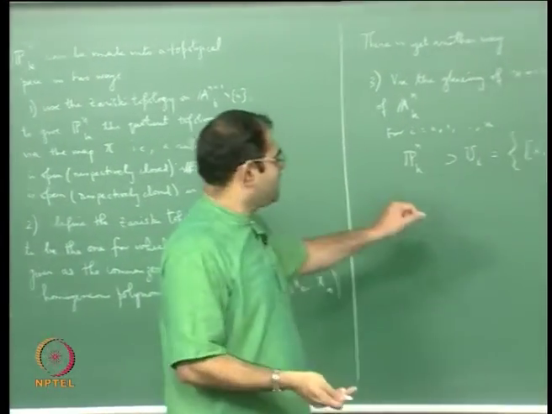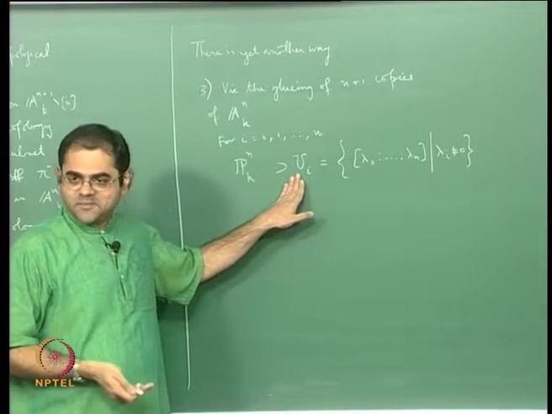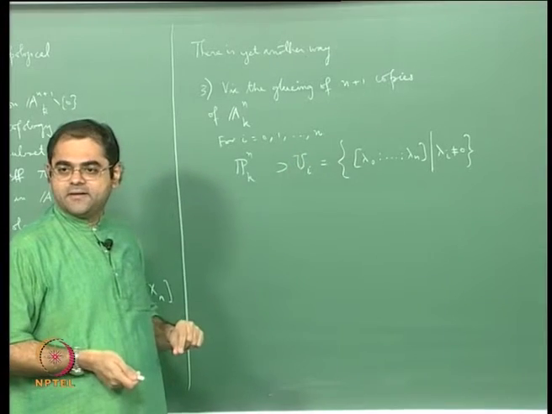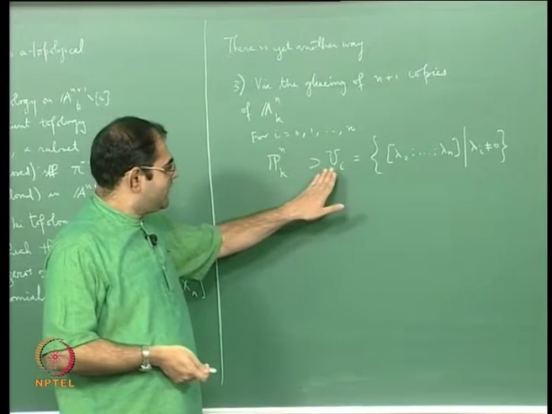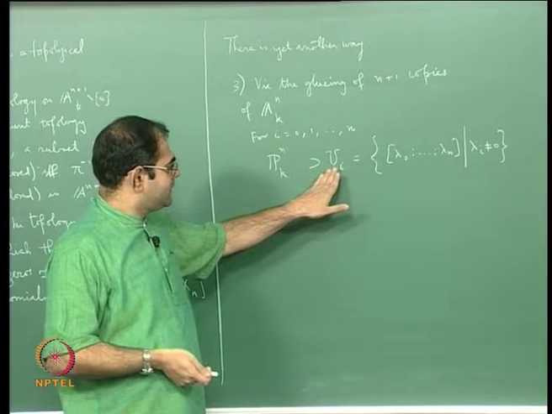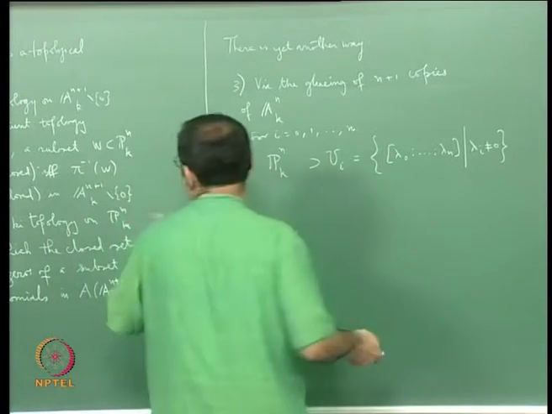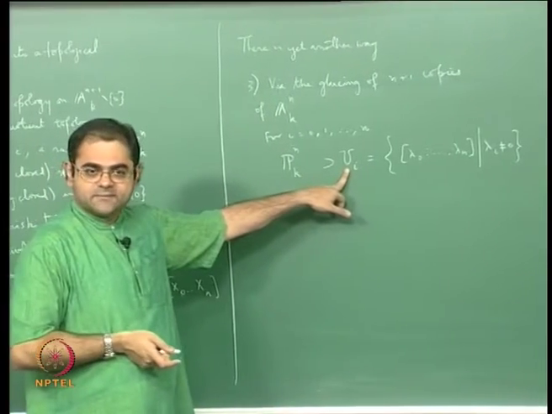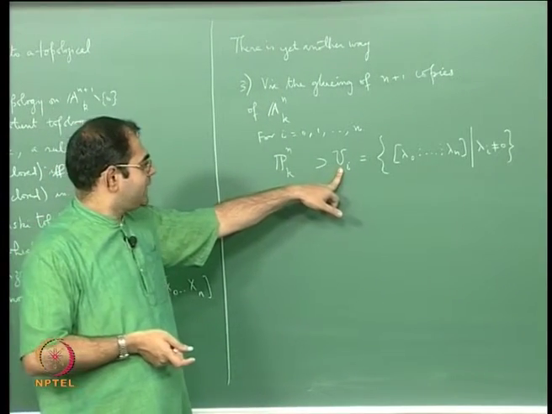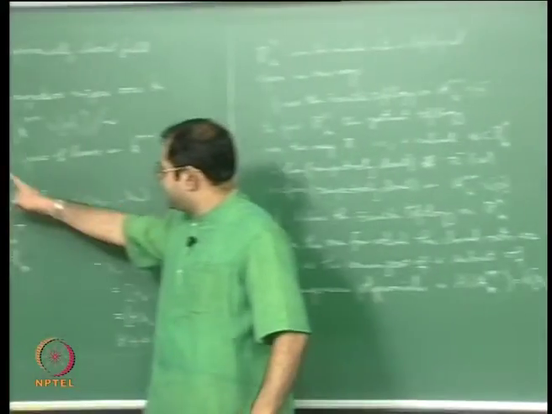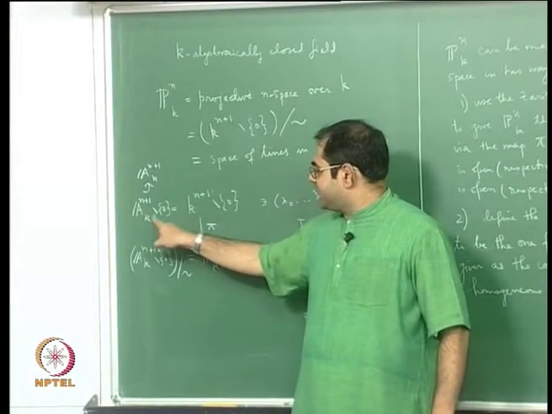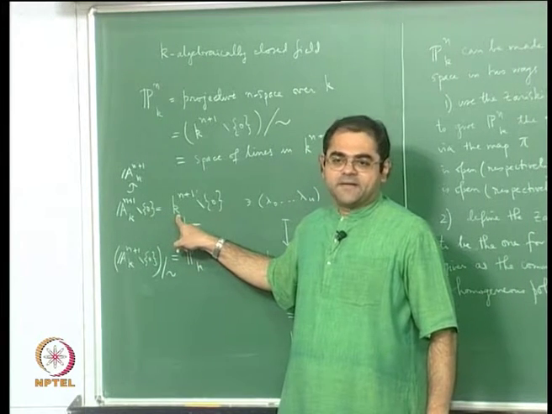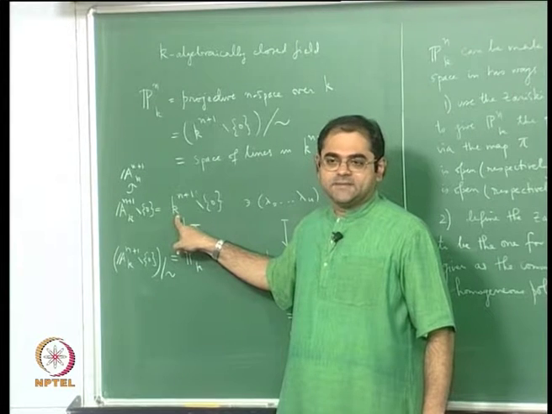So you can see that these are going to be the open sets. But let's not worry about them as open sets. In fact, if you take the inverse image of this Ui under this map, then I am going to get the complement of the zero set of xi, the ith coordinate.